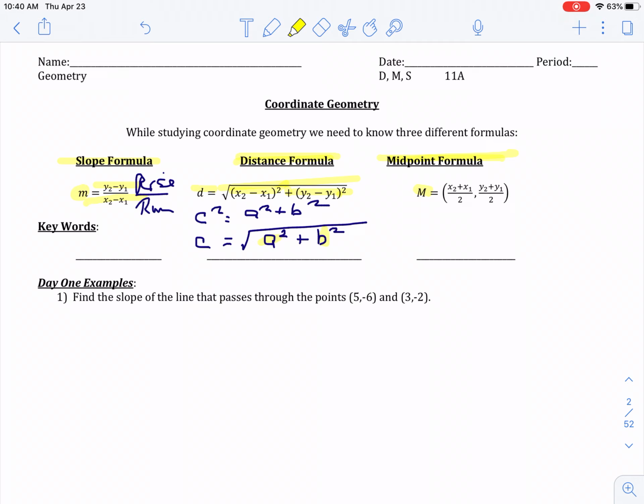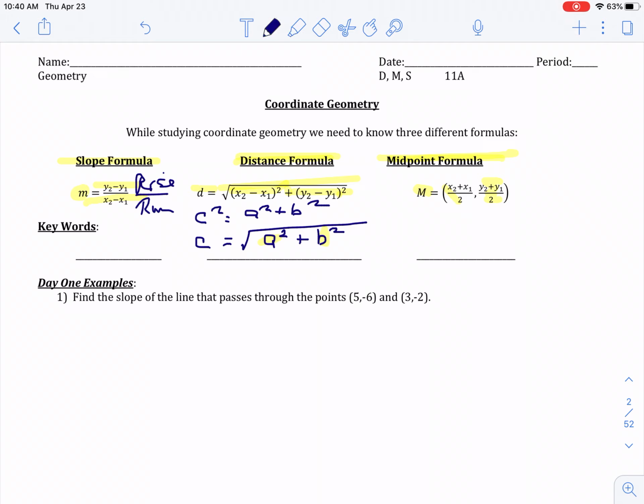The 2 points are each going to have an x. You're going to add the x's together and divide by 2. Then you're going to add the y's together and divide by 2. That's basically getting the average or the middle point of the 2 points that you have, which would be your midpoint.